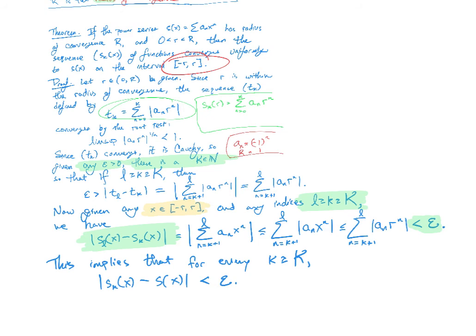Oh, sorry, I just had a mental break for a second there. Forgot how this argument works. We have S sub L of x. This is the triangle inequality argument that I'm not writing right here.